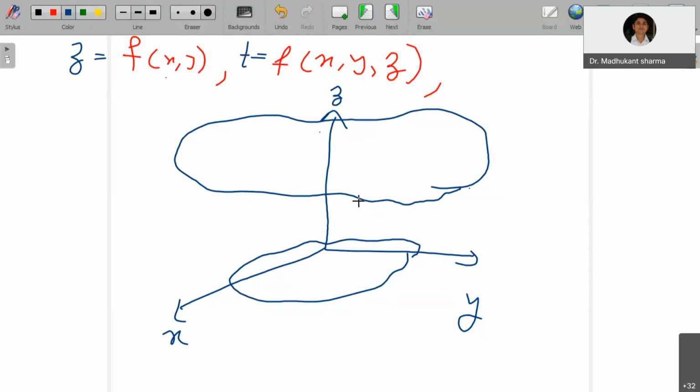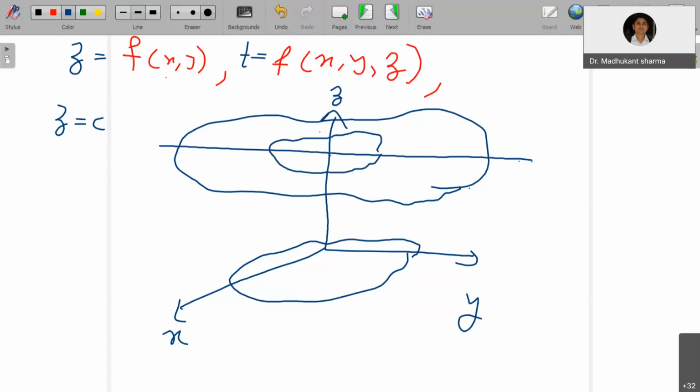Now, if you fix z equals c, that means you are having a plane z equals c. It will cut the surface on a curve. That curve is known as the level curve. It may have any type of shape. Similarly for more than 2 variables, 3 variables, and so on.